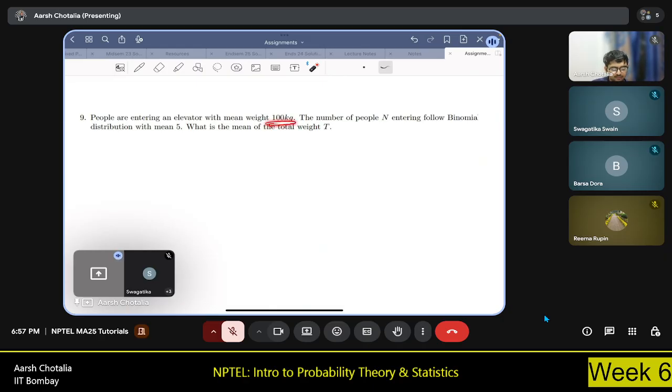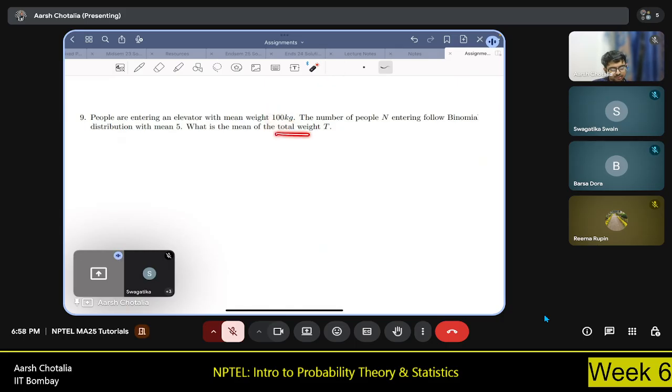There are some n number of people entering, but n is not fixed, right? Sometimes it is higher, sometimes lower. That follows some binomial distribution with mean 5. So on average, 5 people enter the lift with weight 100 kg.